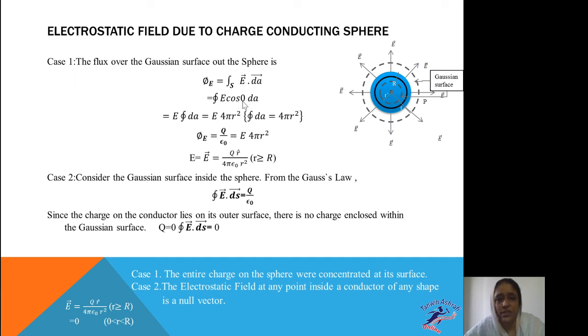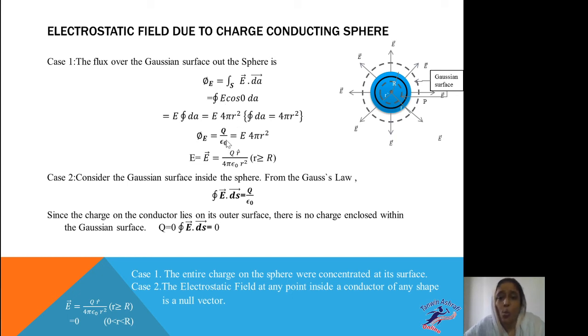Cos 0 is nothing but 1. E will come out of the integral. The integration over the closed surface of dA is nothing but the area of the sphere, which is 4 pi r square. Now we substitute 4 pi r square over here. We get E times 4 pi r square is equal to flux.